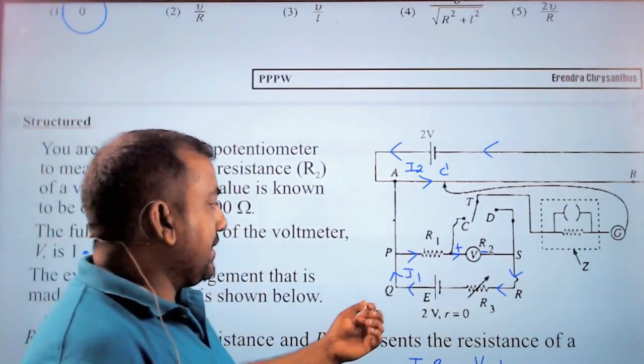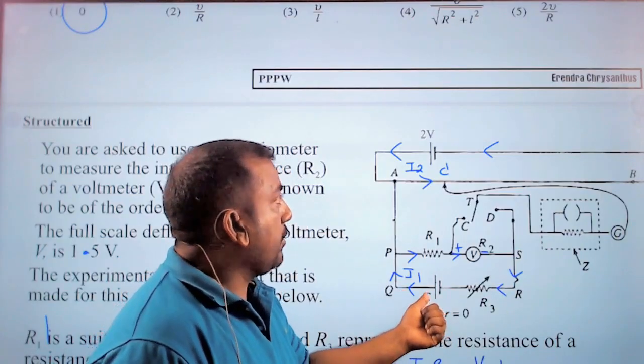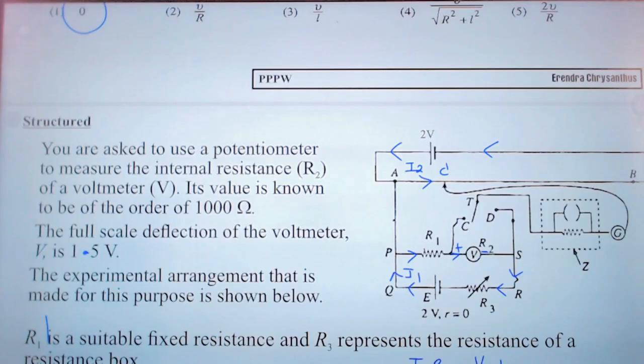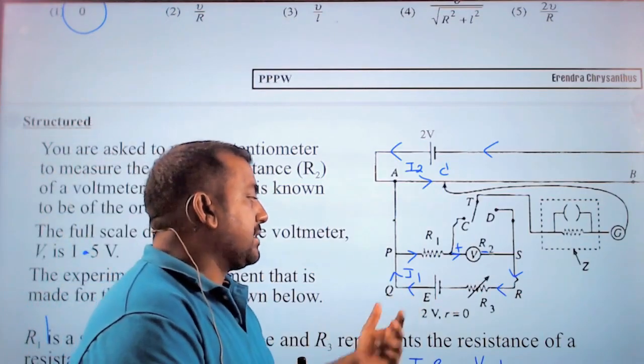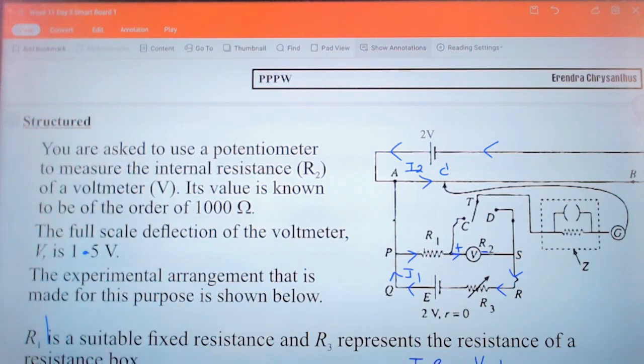That means you are increasing the current. When you increase the current, the 2 volt battery will quickly discharge. The battery in the secondary circuit might discharge.